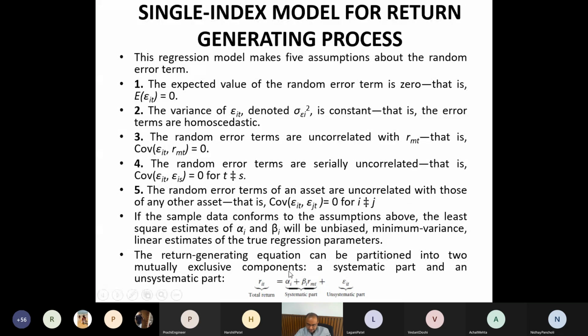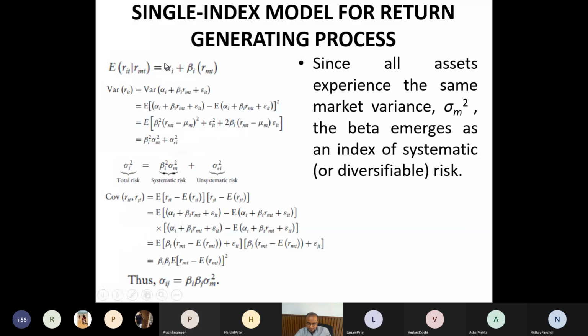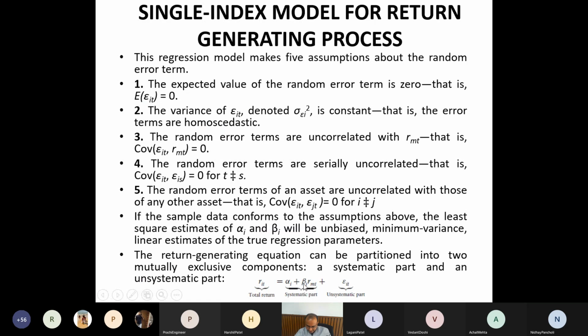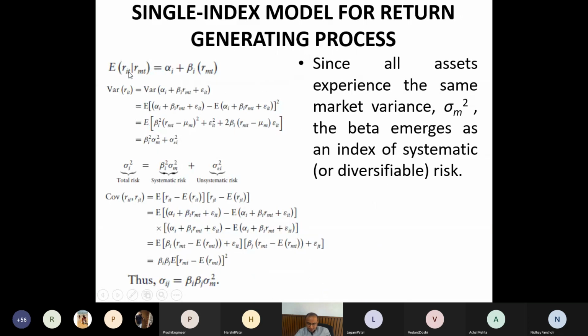But alpha I is a constant, and the expectation of a constant is the constant, so it is alpha I. I think you know the property of expectation. Then plus beta I, a constant, you can take outside the expectation operator, times the expectation of RMT given RMT, which is RMT. And the expectation of epsilon IT given RMT is always 0. So the expected return of the security is alpha I plus beta I RMT.